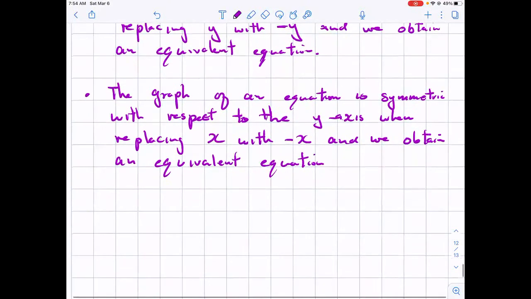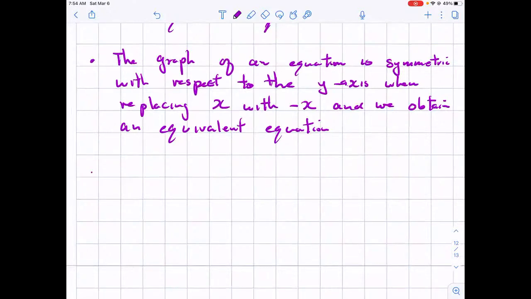Okay. And then the last one is the same, but we replace both x and y.